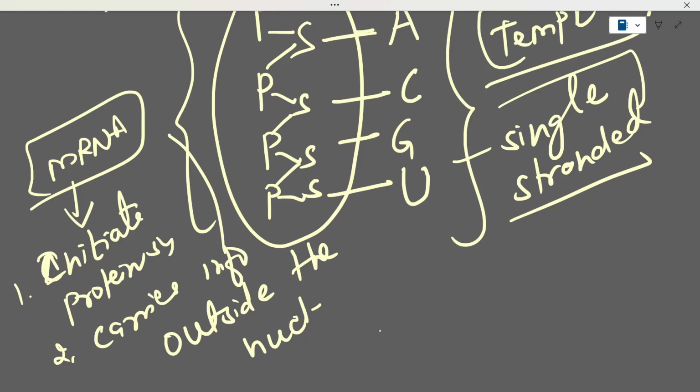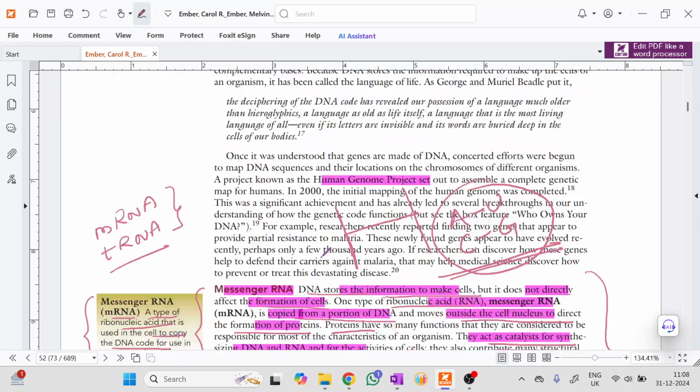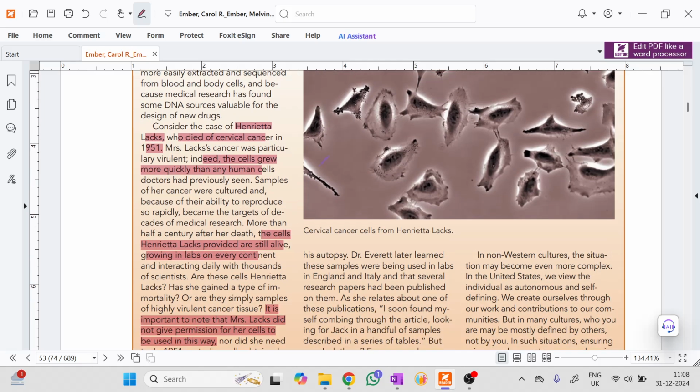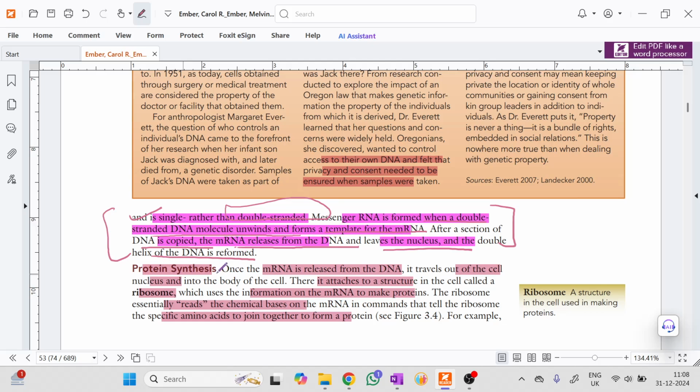This is the function that is done by mRNA. Then protein synthesis: once the mRNA is released from the DNA, it travels out of the cell nucleus and into the body of the cell.